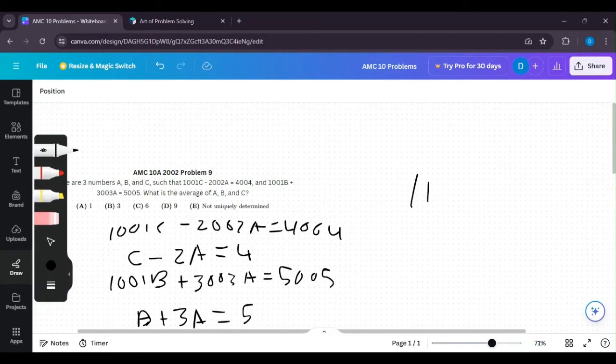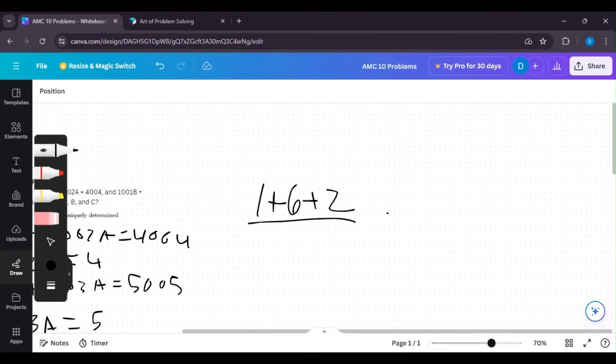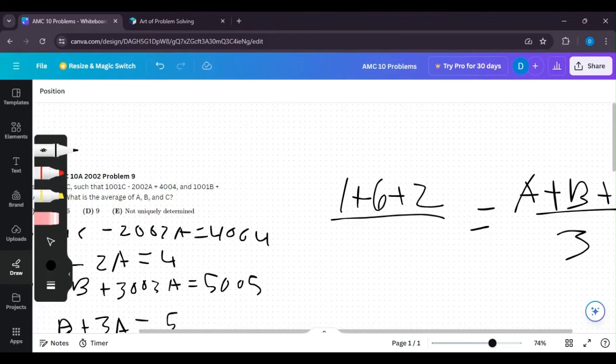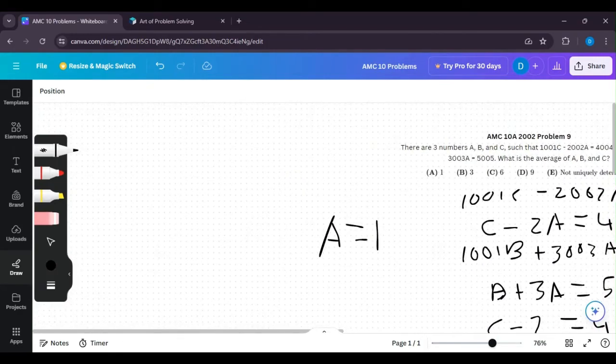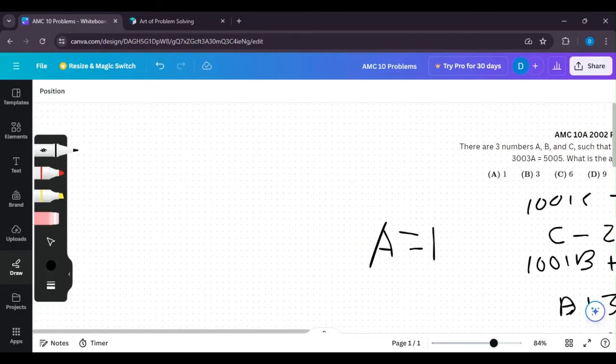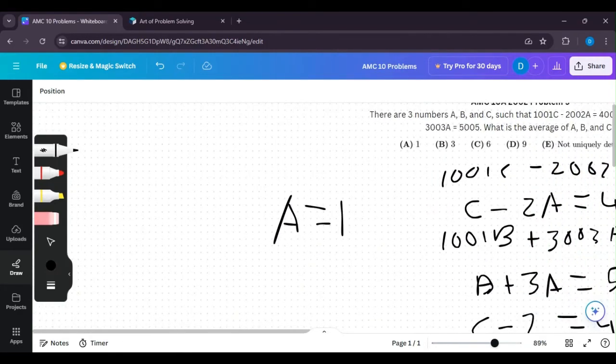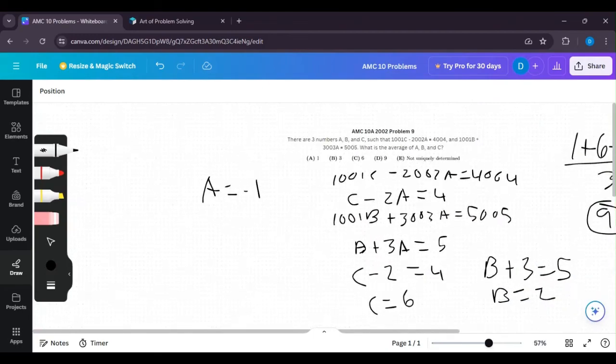So we add 1 plus 6 plus 2, again, to find the average, which is a plus b plus c divided by 3. That's how you find the average of the three numbers. And we also get 9. And we know this works because, again, we explained it logically, but you can also set a as different numbers. Supposedly a as negative 1, and you'll see it works as well.